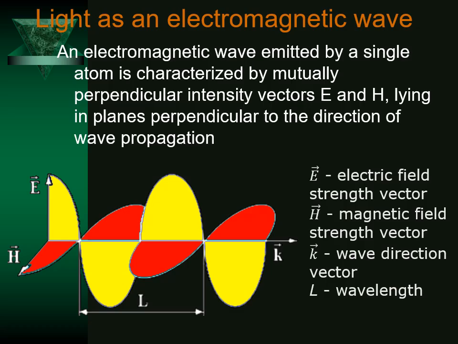So, a separate atom will give exactly this layout. That is, the electric field vector E will oscillate in one plane. The magnetic intensity vector will always be perpendicular to the oscillations of the electric vector.